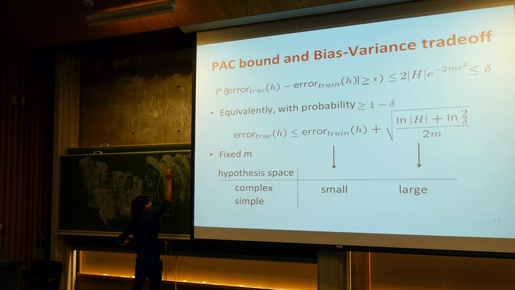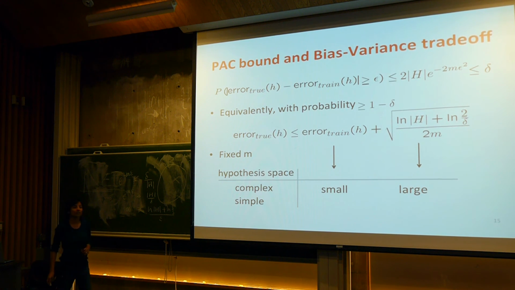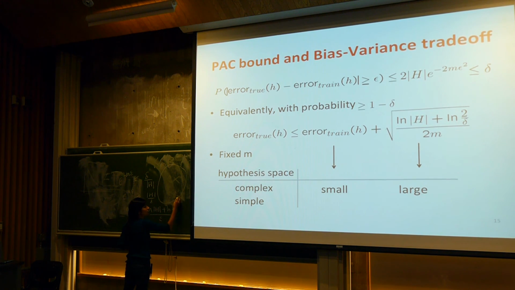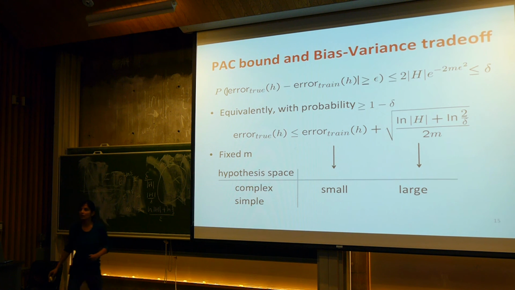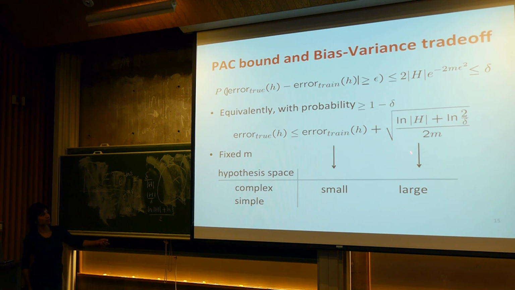Suppose I draw a big circle to indicate your hypothesis space H. Then you are paying a price for searching in a larger and larger space, and that's what governs how far the training and the true error are.